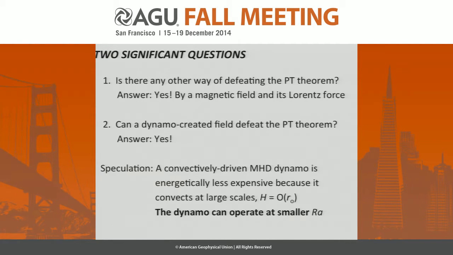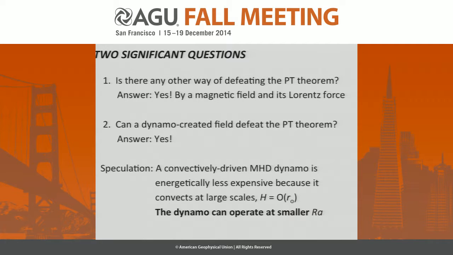So you ask the question, is there any other way of defeating this theorem? And the answer is yes, the magnetic field can do it by its Lorentz force. This can break up this impasse the viscosity leaves you with, and can a dynamo create such a field?